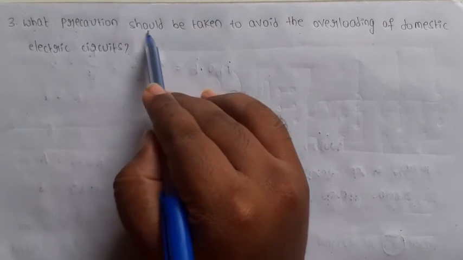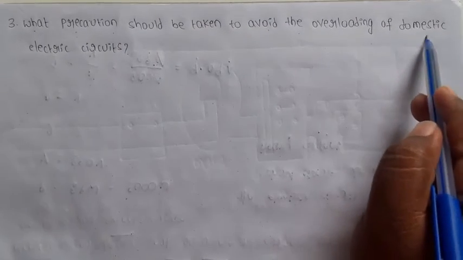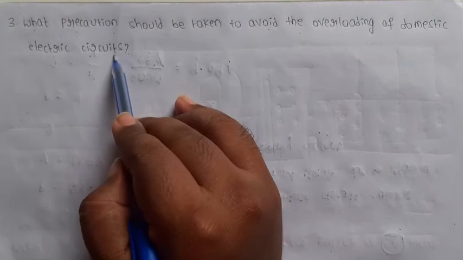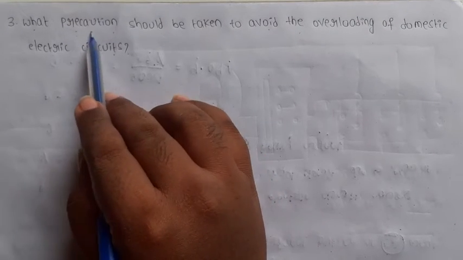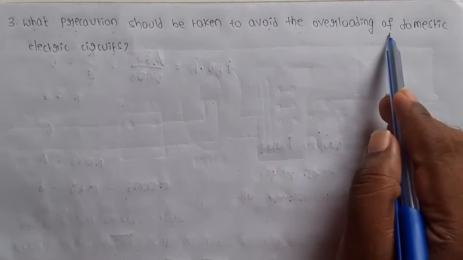What precaution should be taken to avoid the overloading of a domestic electric circuit? What precautions do we take to avoid overload current in a domestic electric circuit?